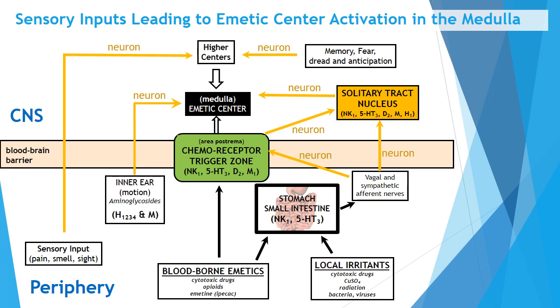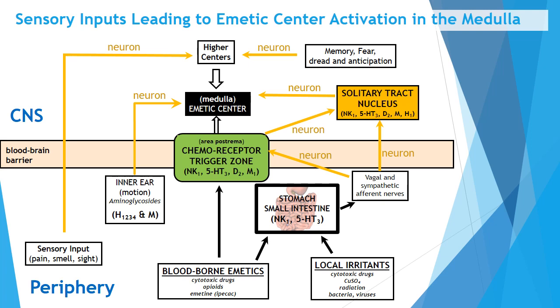The emetic center is where the sensory portion stops, and that's going to then turn into a motor portion. That means after the signal reaches the emetic center, that's when you're going to start to have the motor response. That means like the retching, the gastrointestinal system will start to constrict to move things upwards closer into your esophagus. So that's the motor response that happens.